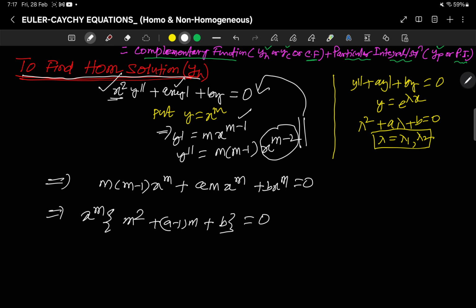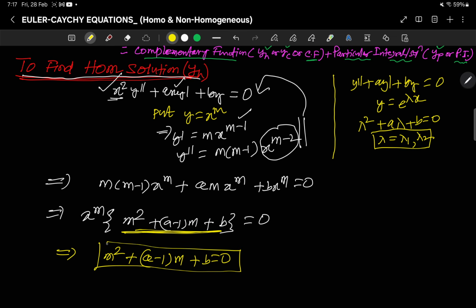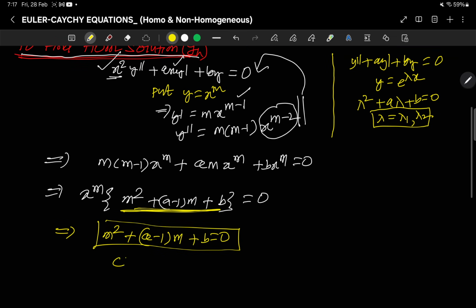So this is your characteristic equation or auxiliary equation: m square plus (a minus 1)m plus b is equal to 0, and this is called the characteristic or auxiliary equation.